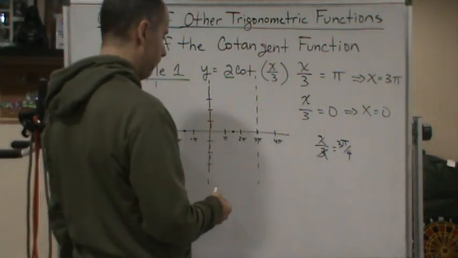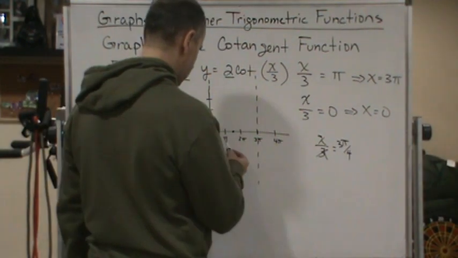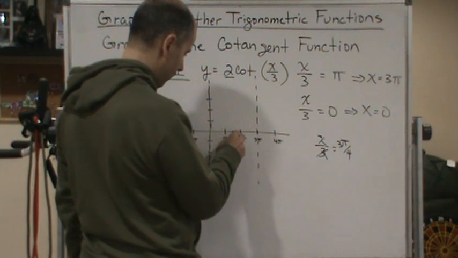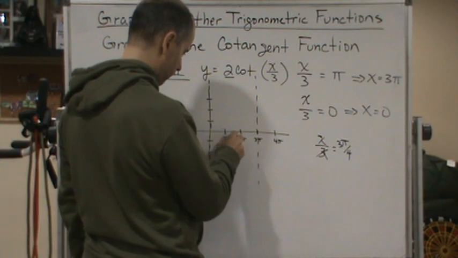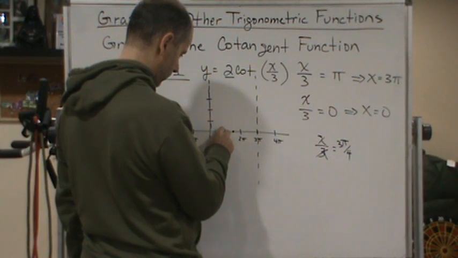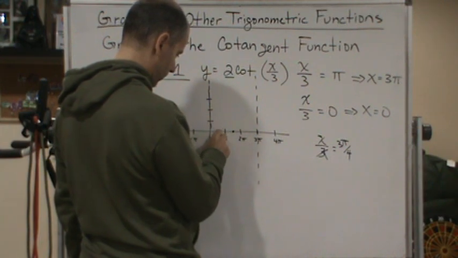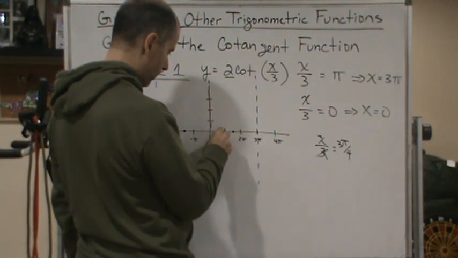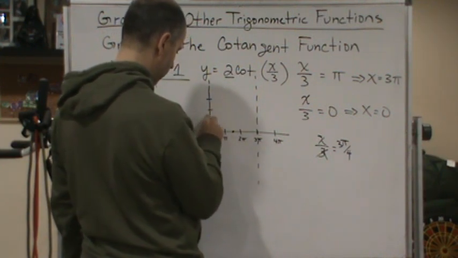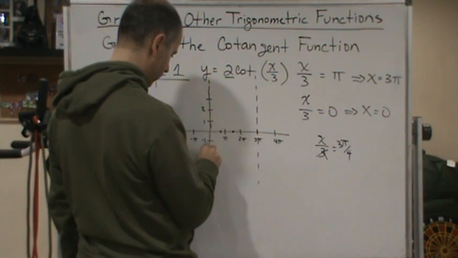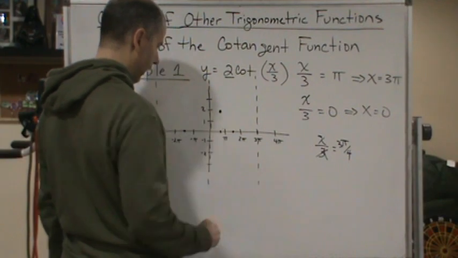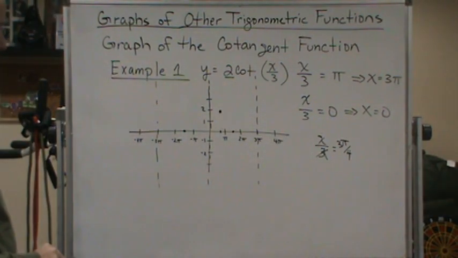So at 3 pi over 4, which is going to be right about here, the value is 2. So 1, 2, negative 1, negative 2. So that's going to be right about there.